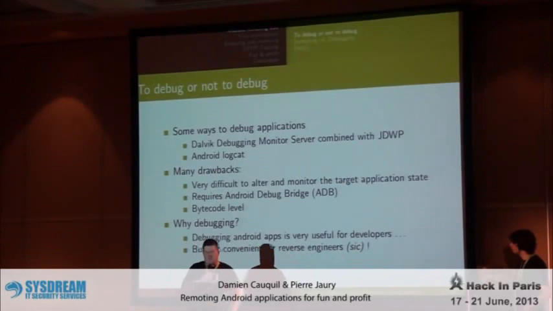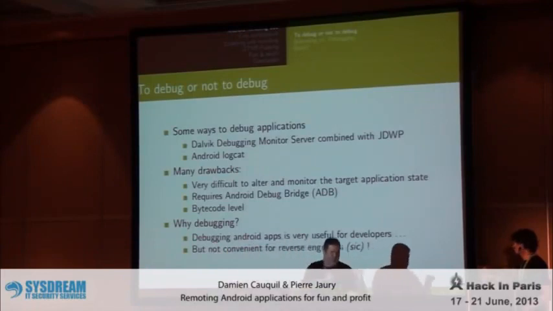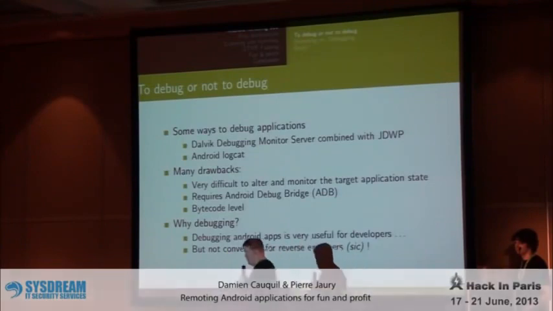But debugging has many drawbacks because it's a very low level. So it's very difficult to modify the behavior of an application or just the inner state of the application. You cannot modify values or properties inside the application.